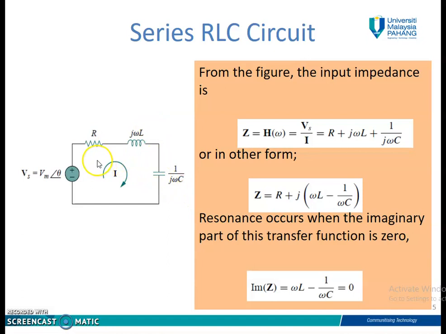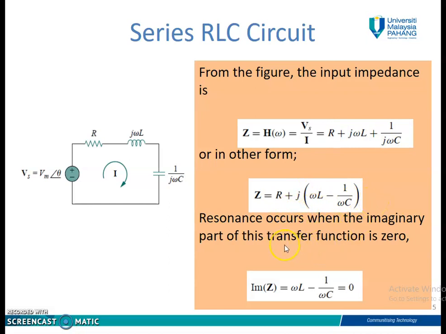So, the impedance of the circuit is equal to R plus j omega L plus 1 over j omega C. And then we rearrange this equation, we put the j outside of the bracket. So we get like this.